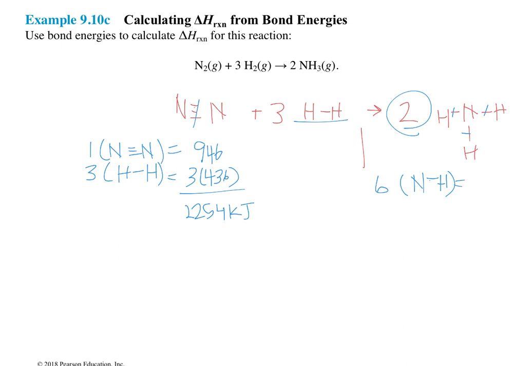And now for nitrogen-hydrogen single bond, I have 6 total bonds, and each of those is 389 kilojoules. So the total amount that I'm breaking is 2334 kilojoules. So broken minus formed. So I end up getting delta H equals negative 81 kilojoules.